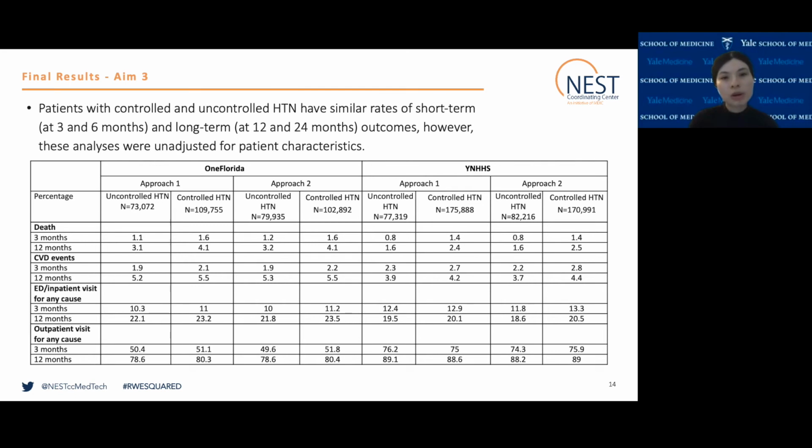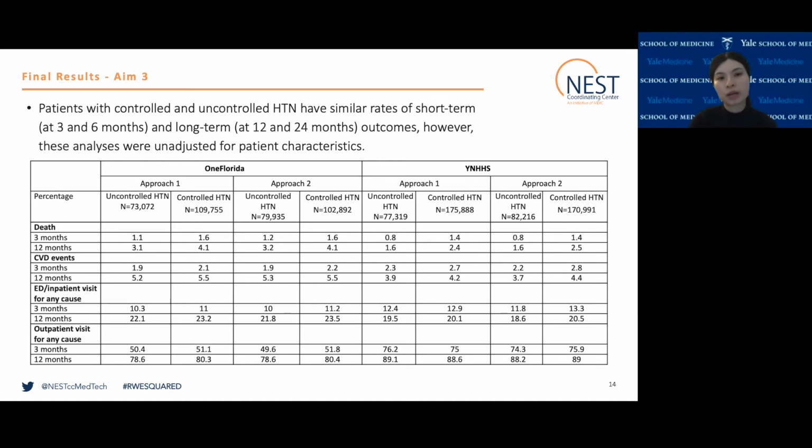In AIM3, when we look at the outcomes, we look at both long-term and short-term outcomes. Here in the table, we show the outcome at 3 months and 12 months. The event rate, to our surprise, is quite similar between controlled and uncontrolled hypertension subgroups. The difference is not statistically or clinically meaningful, maybe because the time duration we look at is quite short.